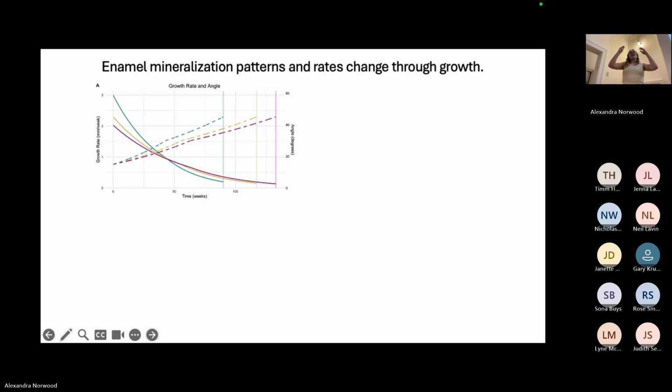So you can see sort of immediately how that schematic breaks down, that we're not just capturing the same increment of time, same increment of time, same increment of time in the layers. So these three colors represent the first, second, and third molar of a zebra. So first is teal, second is yellow, third is purple.